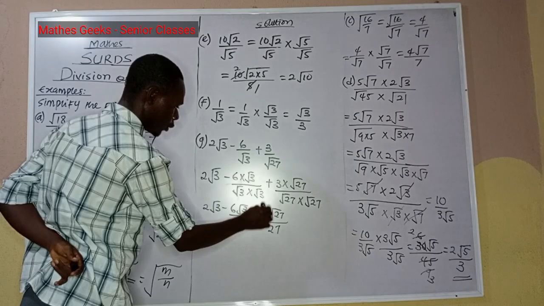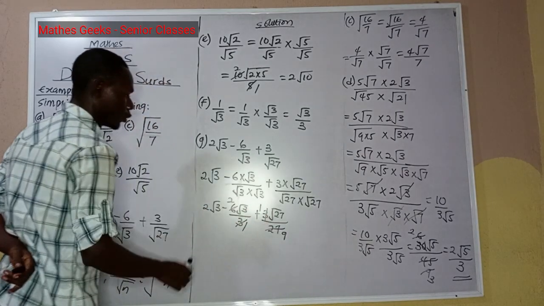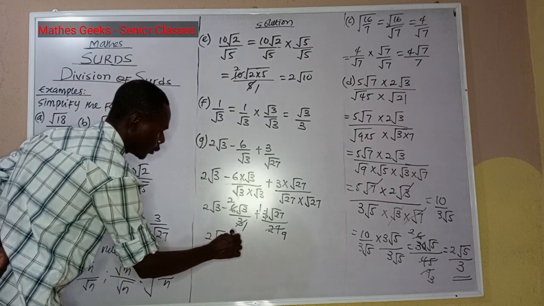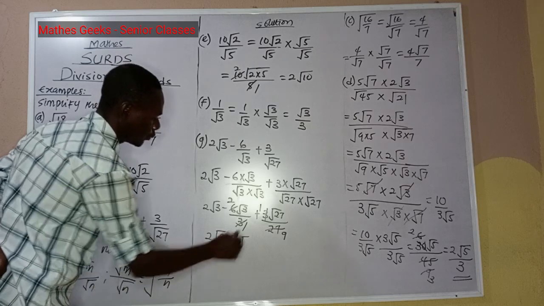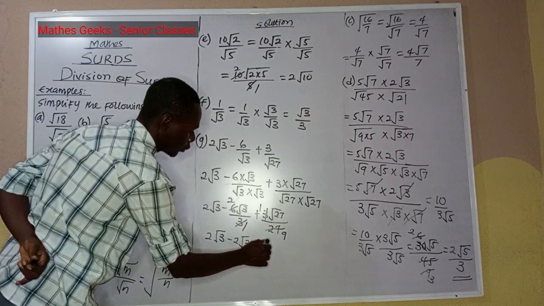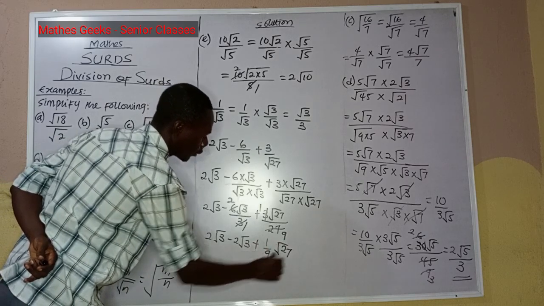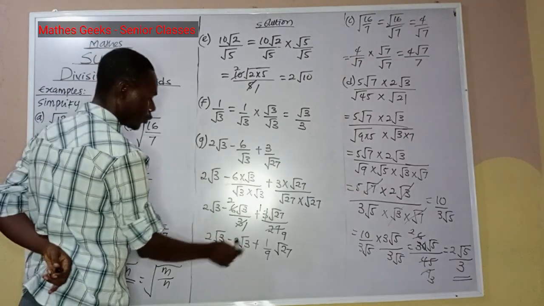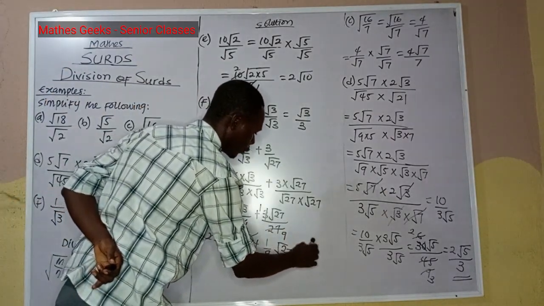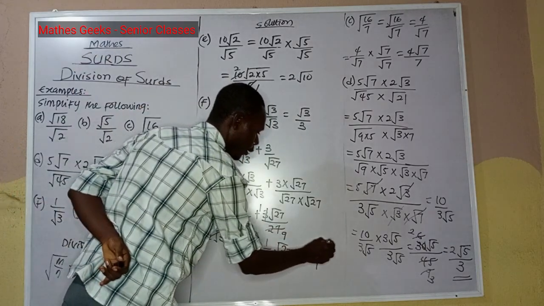Now if you go on, 2 here 1, 3 here 9, 3 here 1, 3 here 2. So now we have 2 root 3 minus 2 root 3 plus 1 over 9 root 27. So 2 root 3 minus 2 root 3 cancels out to give us 0. So our final answer is equal to root 27 over 9. But we can still simplify this further.